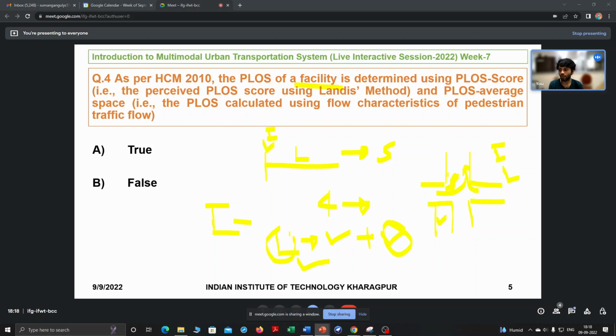Then your final link and final intersection have to be summed up to get the PLOS score of the segment. If you do a weighted sum, you will get the facility PLOS score. But in addition, you need to see the PLOS space for the particular facility by combining the segments.